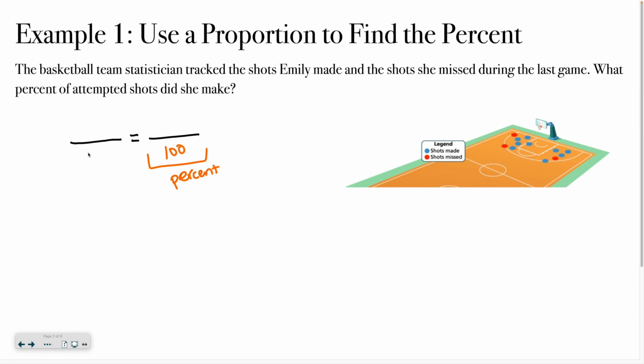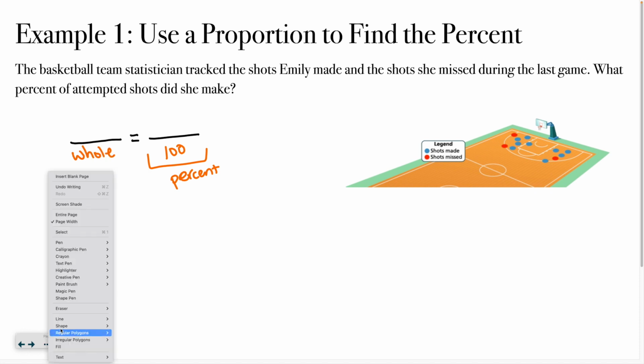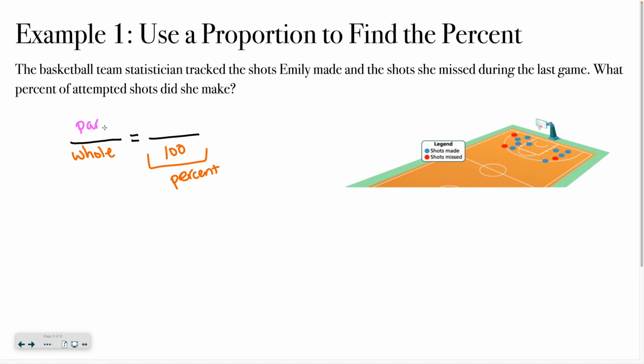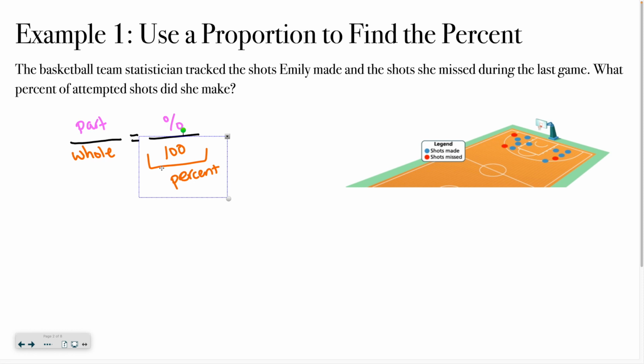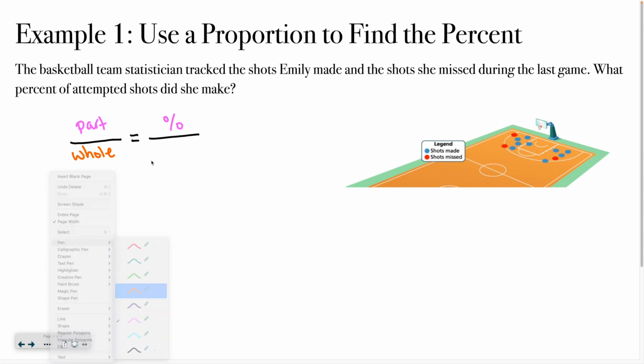And then over here, at the very end of yesterday's lesson, I had introduced the phrases part over whole. So we are going to use this idea today in order to solve so many different problems, okay? I wanted to clean that up just a little bit right there.